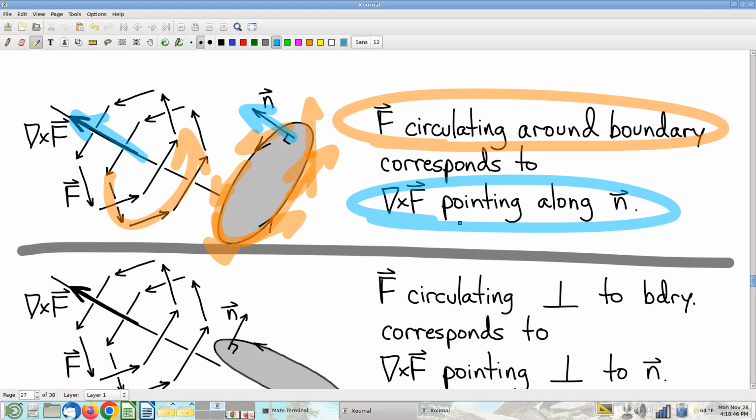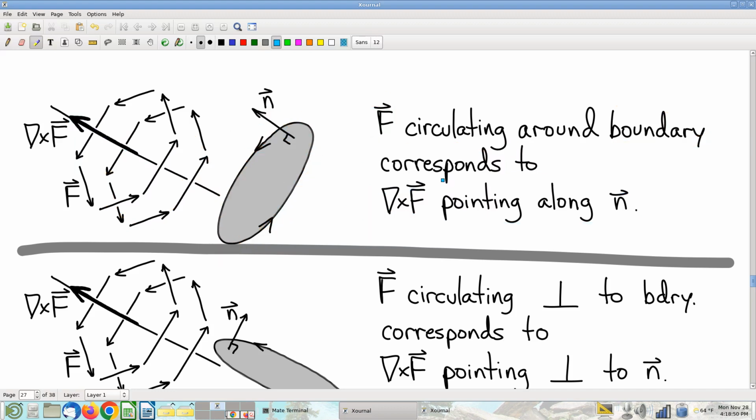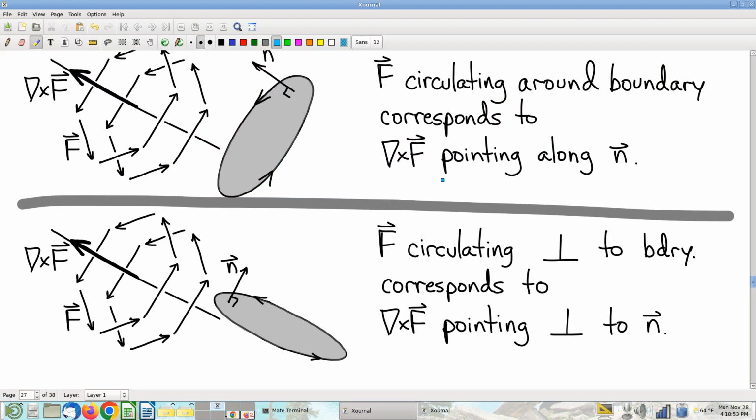Now, by contrast, let's look at the other scenario. In this other scenario, same vector field, same circulation, or same rotation of the fluid. Here, though, we have a different piece of surface, a different orientation. Obviously, it's also got a different boundary, right?